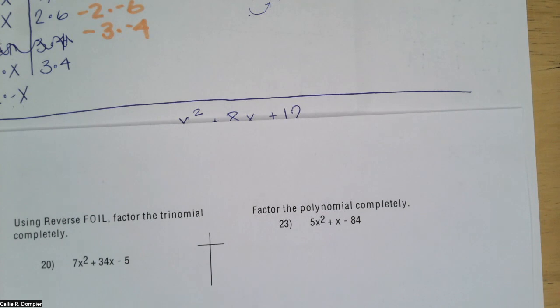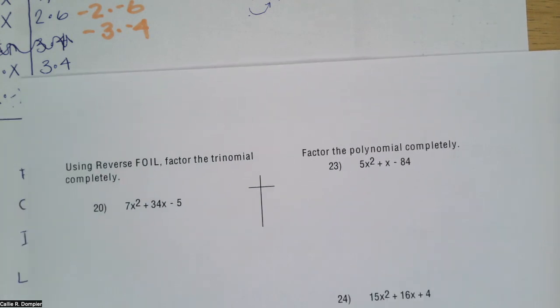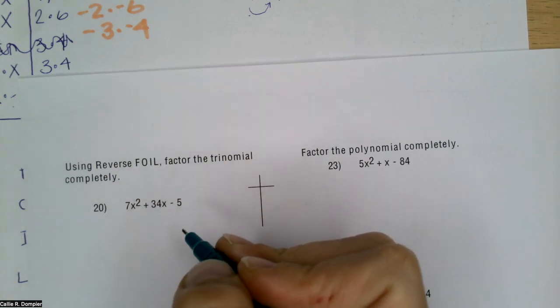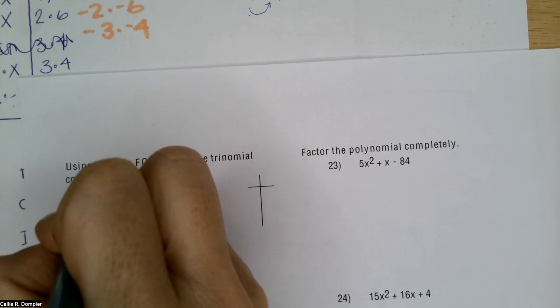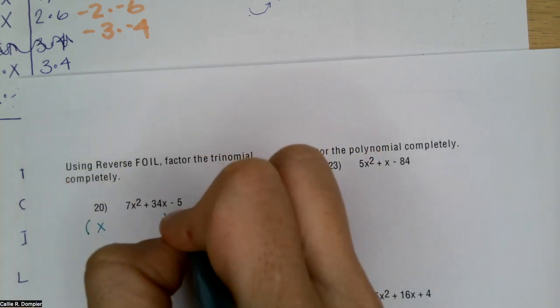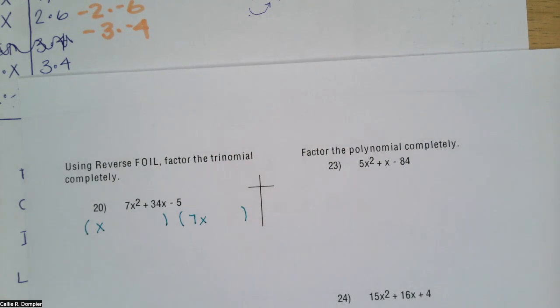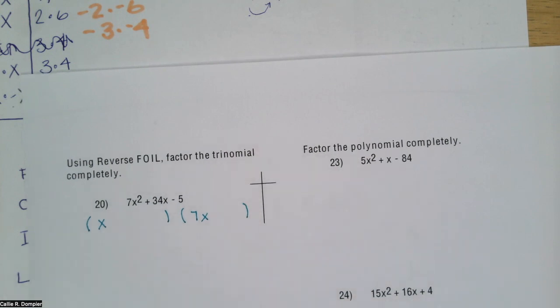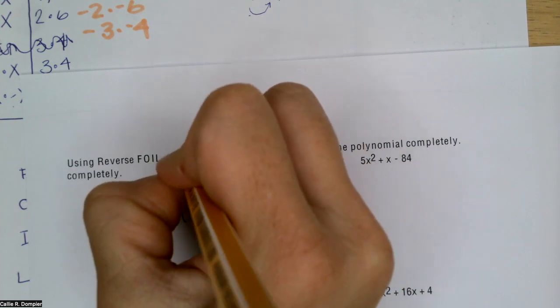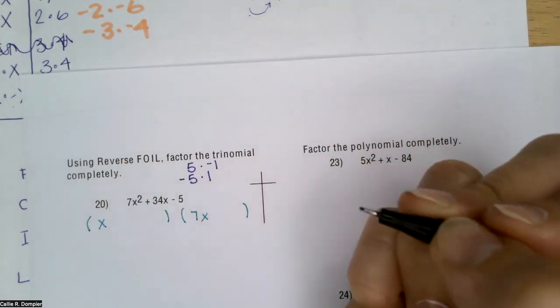Now, if we were doing a reverse FOIL, how do we factor this one? So 7x squared, there's only one way to write it, right? 7x squared is just going to be x times 7x. Now we have the number negative 5. Negative 5 could either be negative 5 times 1, or 5 times negative 1.